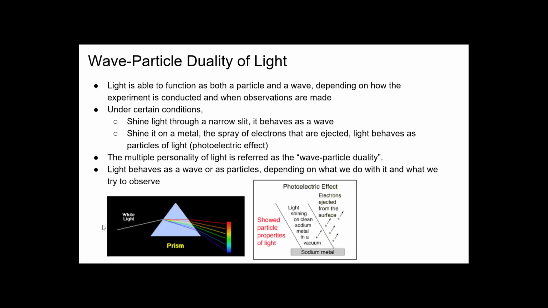Wave particle duality of light. We can explain that light is able to function as a particle and a wave. Why is this? Because when experiments were conducted, using light as a wave was not able to explain some of the behavior that they were able to see based on the results. So there is another portion of this that is particles of light.